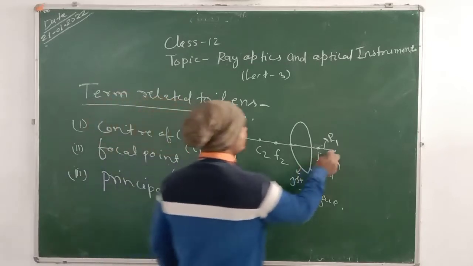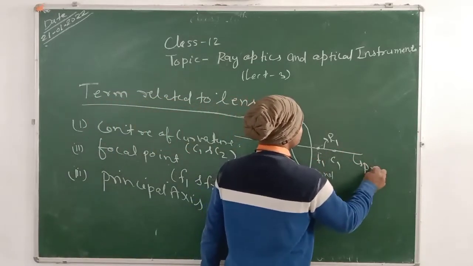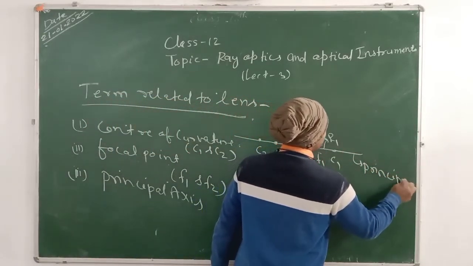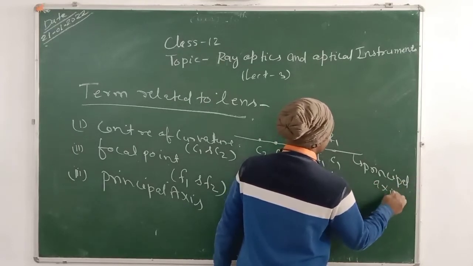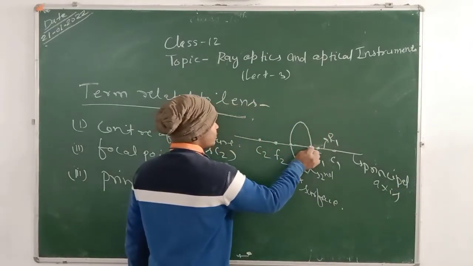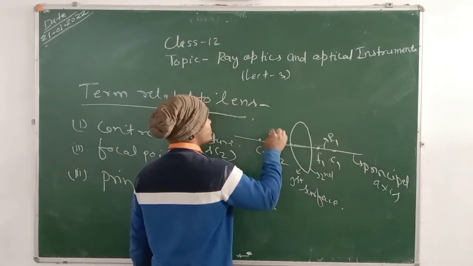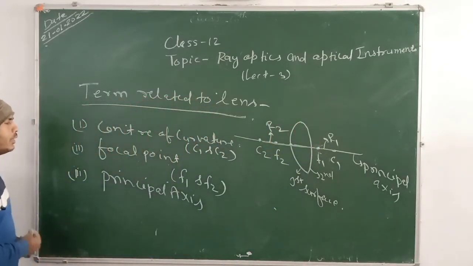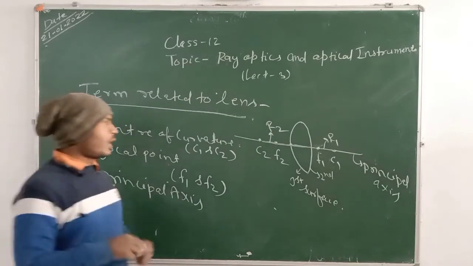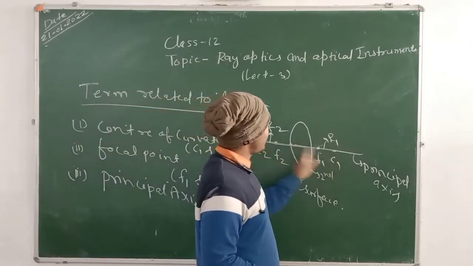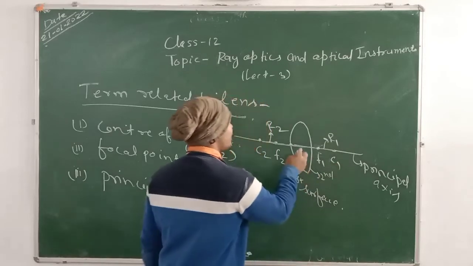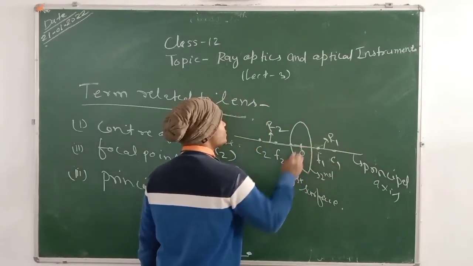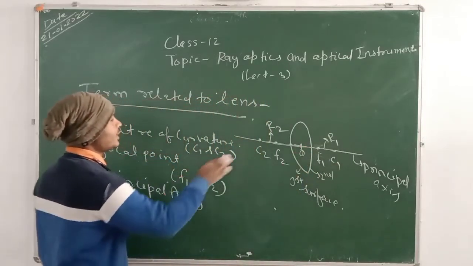So it is known as the principal axis. And this will be your radius of curvature R2. Is it clear? Now there is a point on this principal axis which divides the length into two equal parts. That is known as the optical center. That is indicated by O.